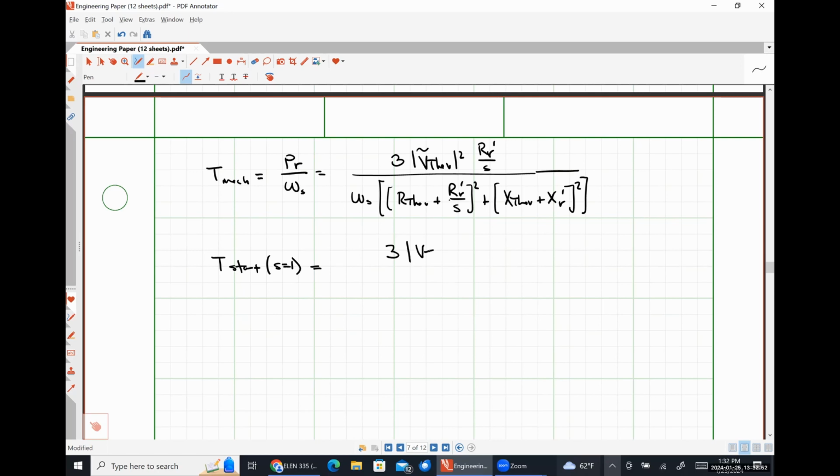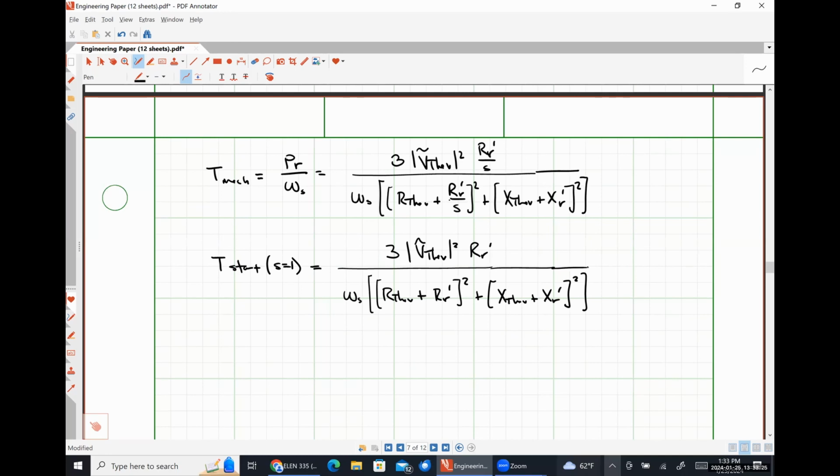So 3 times our Thevenin voltage squared times our rotor resistance referred to the stator over omega S times our Thevenin resistance plus our rotor resistance referred to the stator, squared, plus our Thevenin reactance plus our rotor reactance referred to the stator, squared, right? So that's our starting torque.